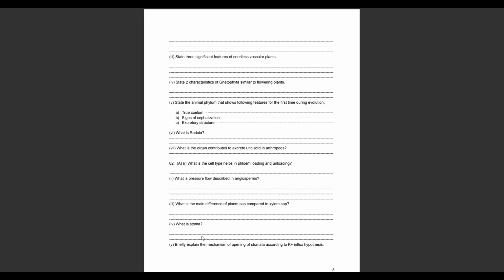Roman number 5. Briefly explain the mechanism of opening of stomata according to the K plus influx hypothesis. The mechanism of opening and closing of stomata is explained by the K plus influx hypothesis.